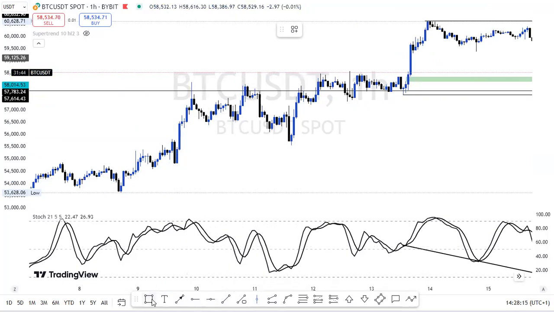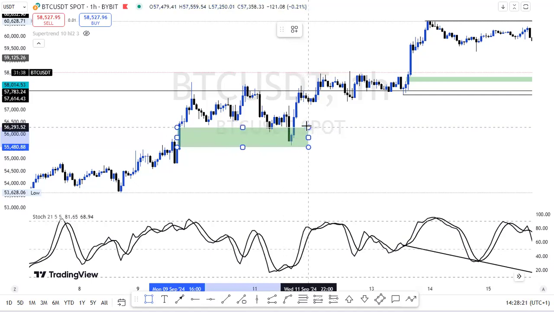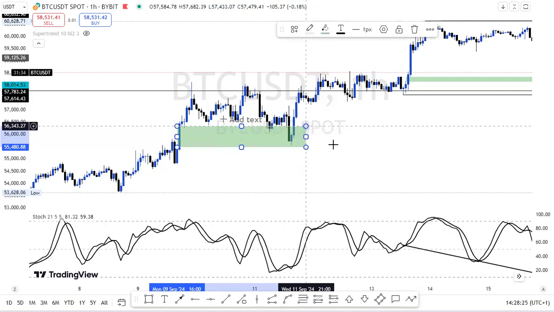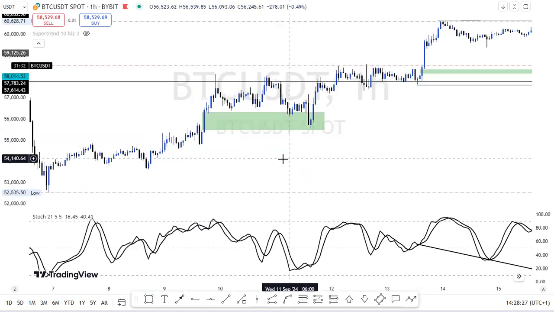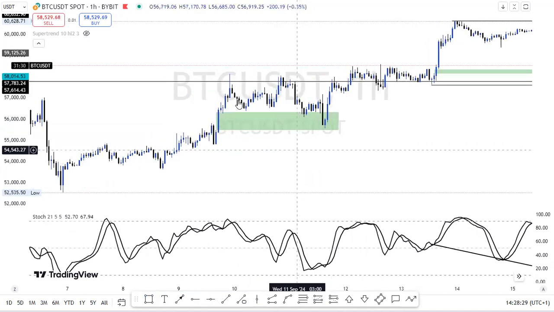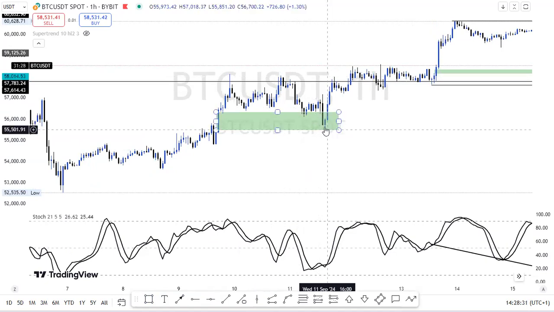Those are the two popular things in ICT, right? Fair value gap and order block. And usually they are just side by side. So I was looking at those two, and at the same time, I wanted price to come inside.